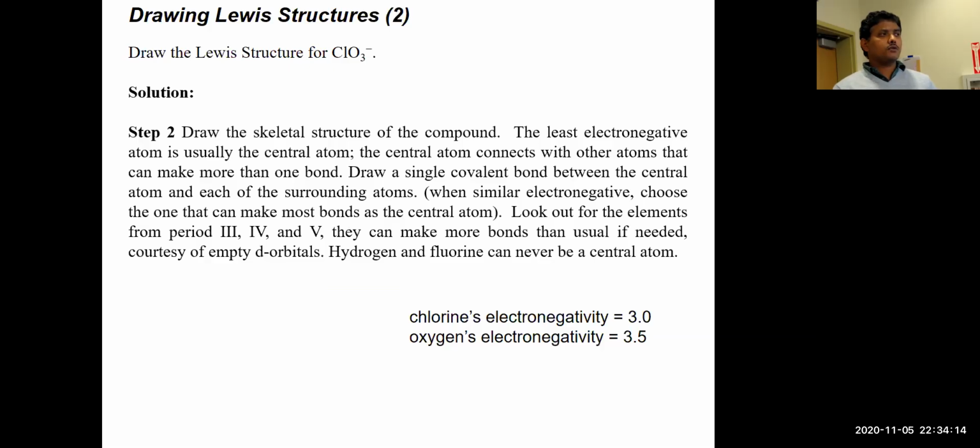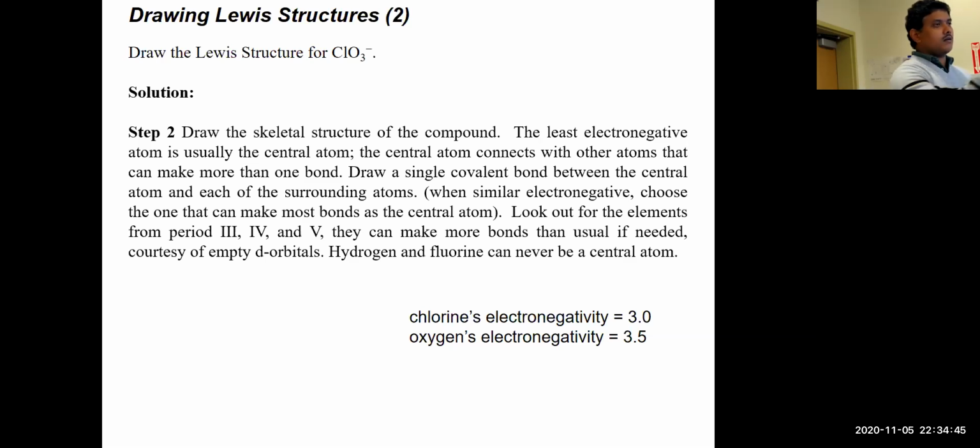In step 2, you need to draw the basic frame of a Lewis structure. Your basic frame has a reasonably correct central atom. You need to have a central atom that is the least electronegative, so that it can accept more bonds. So between chlorine and oxygen, here is where it gets complicated.